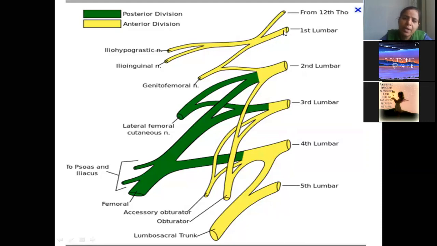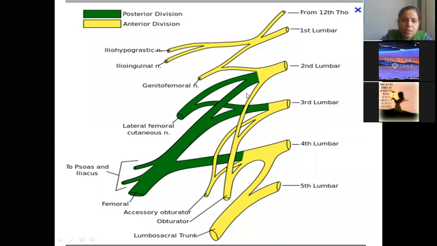Each lumbar nerve, like you have seen in brachial plexus, also has roots. Each root will be dividing into divisions, no? Anterior and posterior division, or you also call it ventral or dorsal. Ventral is also called anterior, dorsal is also called posterior. So these are the divisions you are finding.